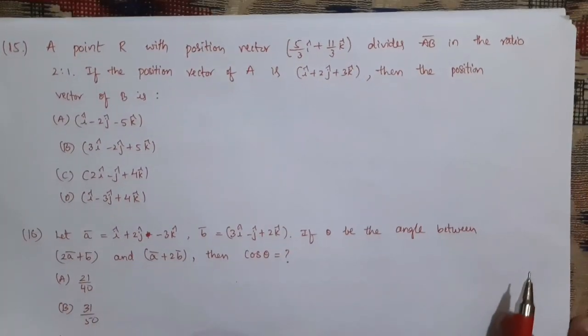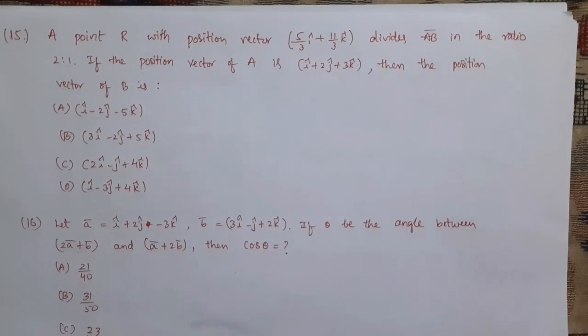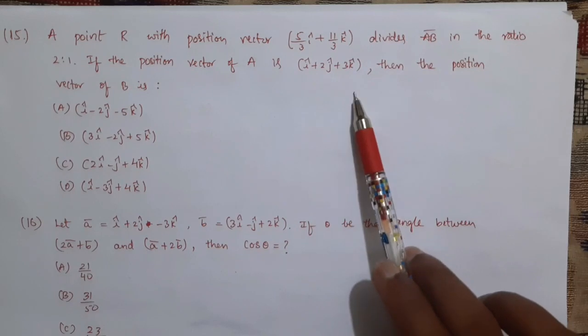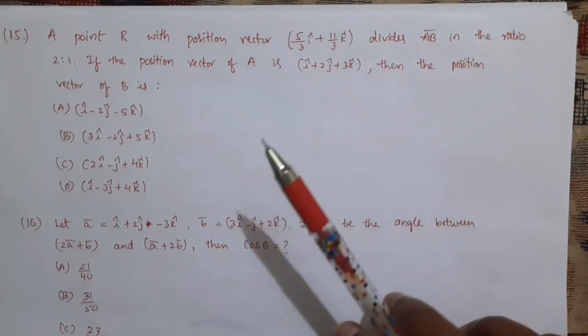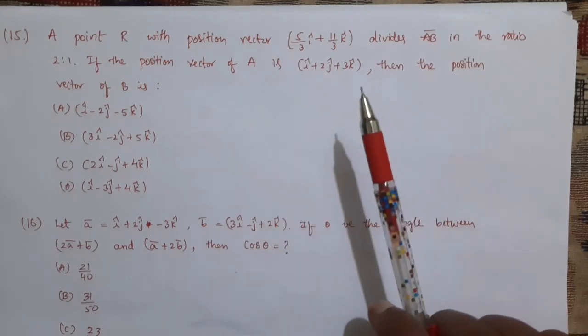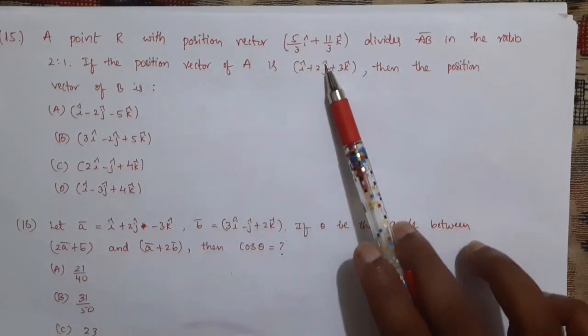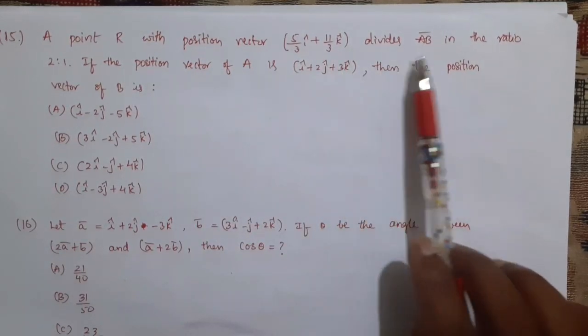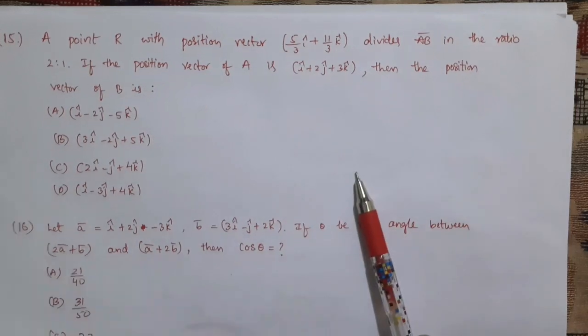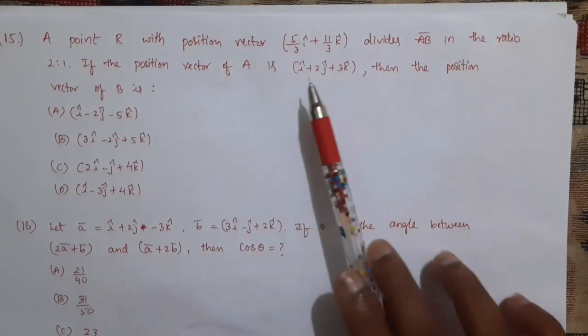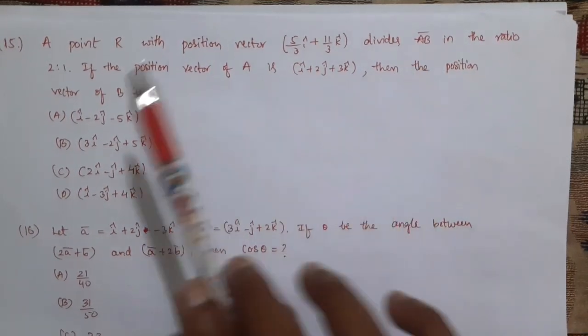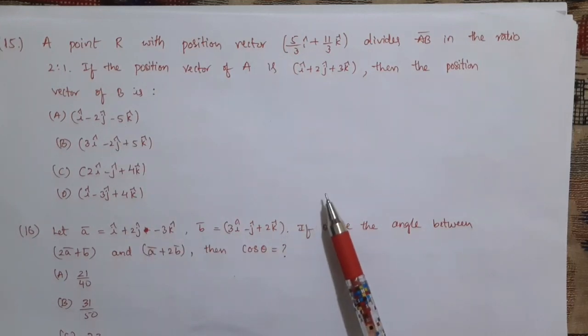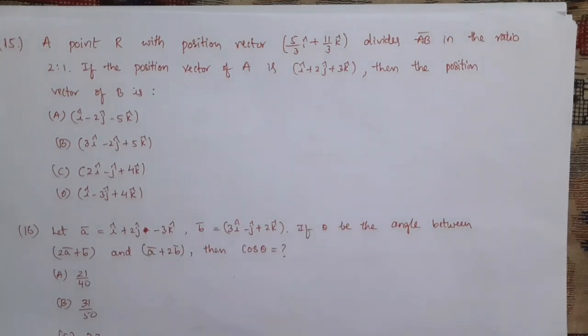A point R with a given position vector divides AB in the ratio 2:1. If the position vector of A is I cap plus 2J cap plus 3K cap, then what is the position vector of B? They have given that the point R divides AB in the ratio 2:1, and the position vector of A is given, and we need to find the position vector of B. It's actually a simple problem.